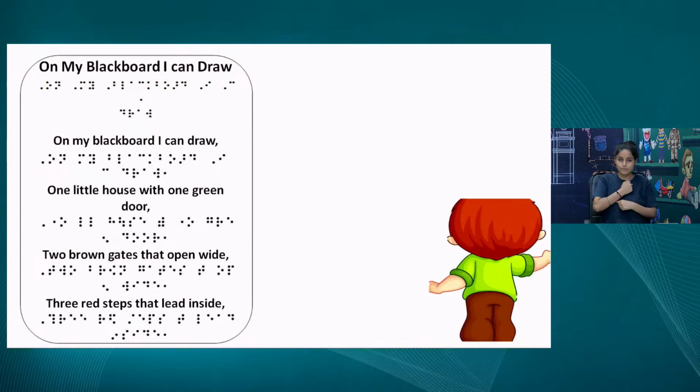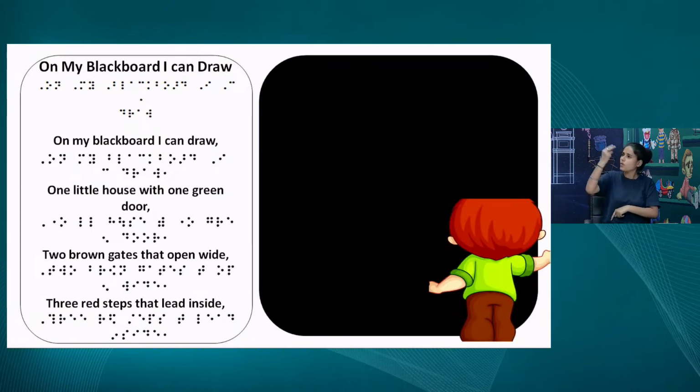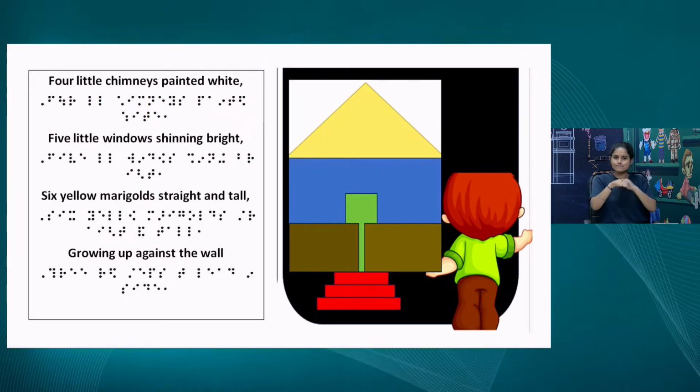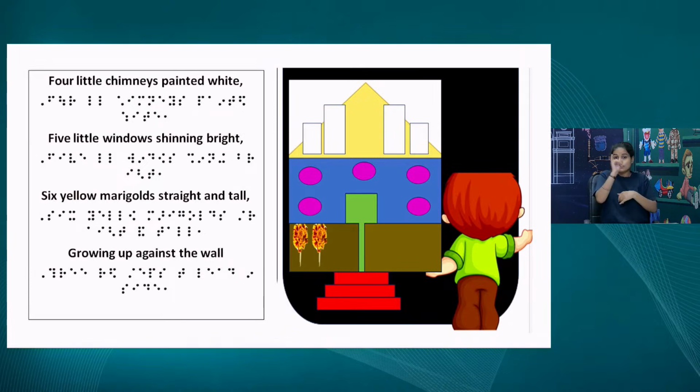On my blackboard, I can draw one little house with one green door, two brown gates that open wide, three red steps that lead inside, four little chimneys painted white, five little windows shining bright, six yellow marigolds straight and tall, growing up against the wall.